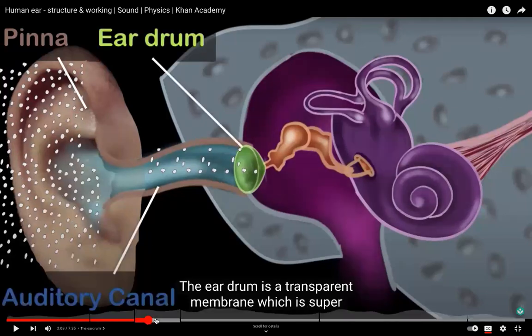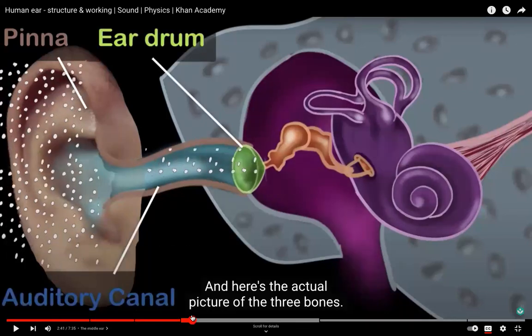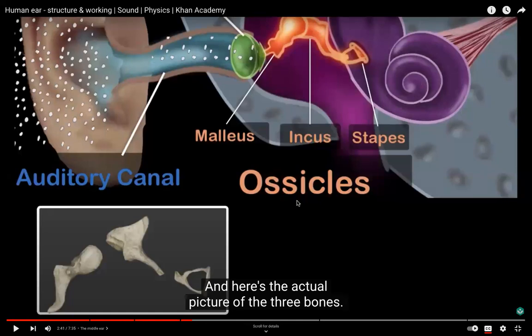And anyway, this vibration is then transferred to the cochlea here by using ossicles. These ossicles, as you now also know, are some of the tiniest or smallest bones in our body, because these are so small. But it has a big duty. The duty is to transfer this sound wave, which is in the air, to the liquid sound wave, which should exist in the liquid in the cochlea.